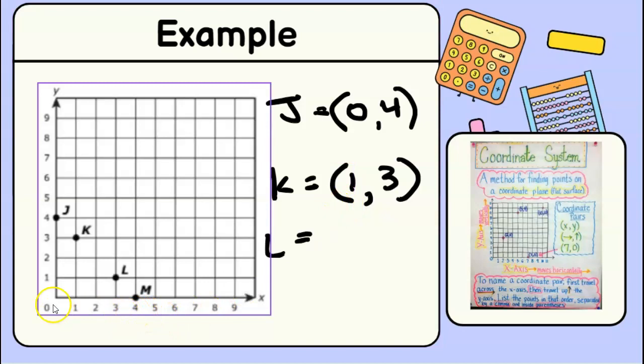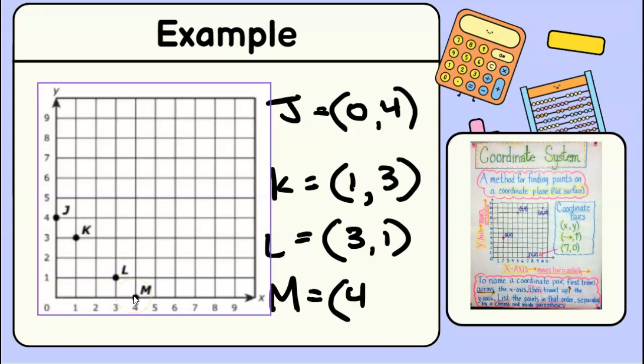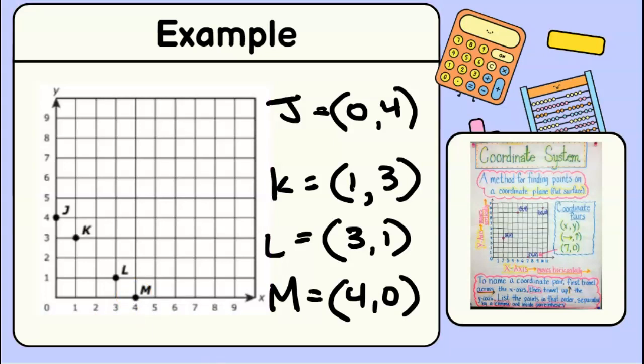Same thing for L. It goes over 3 and up 1, so my ordered pair is 3, 1. And then finally for M, it goes over 4 and up 0. So my ordered pair for M is 4, 0.